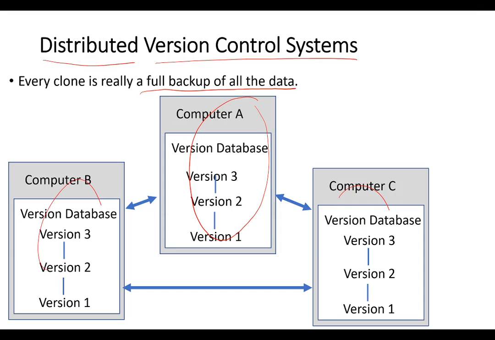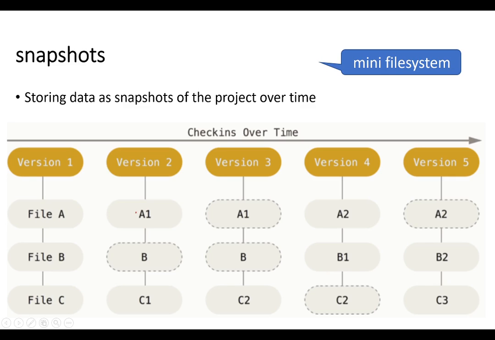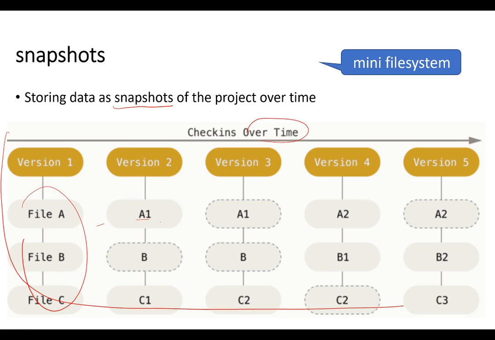Everyone can work locally, and they can exchange their modifications of the project. A local clone of the whole project is called a snapshot. A snapshot stores all the files and all the changes over time. It is like a mini file system.